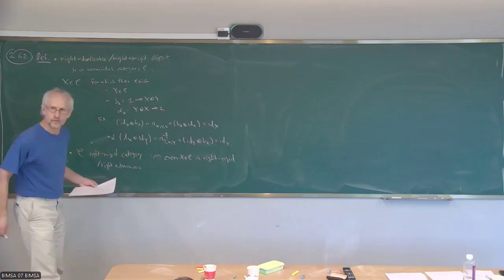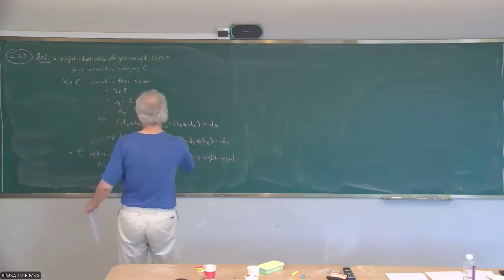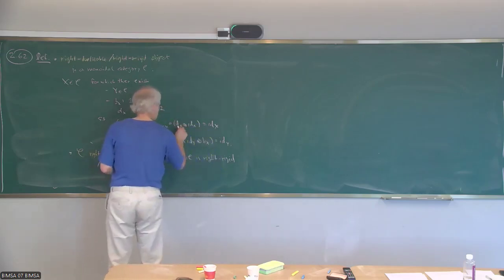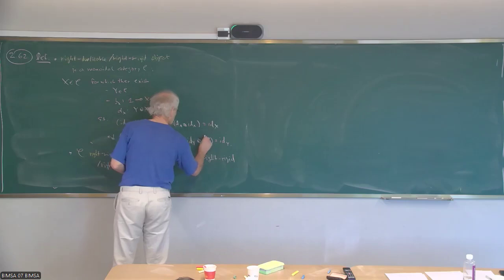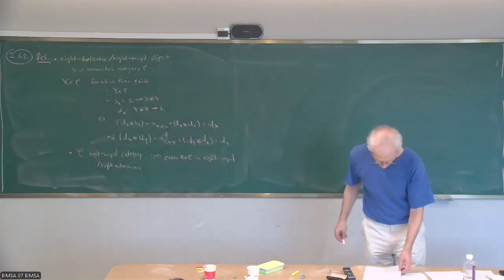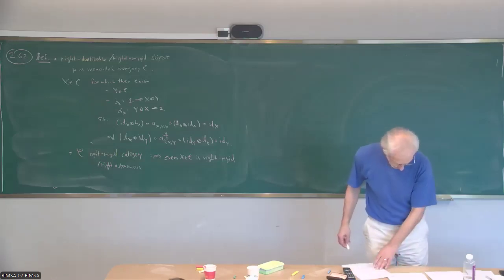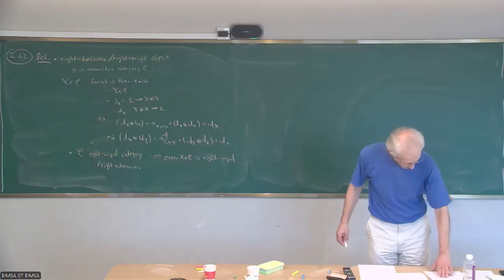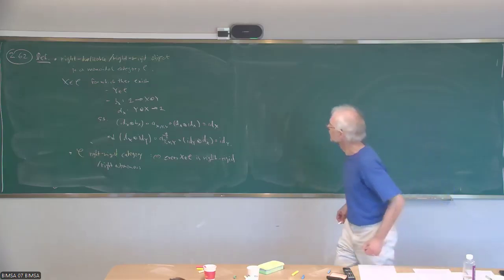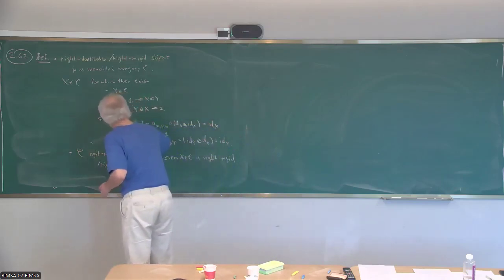The first equation is Dx, right? The third one, Dx. It should be Dx. D. Thank you. Oh wait. No. We need B here.